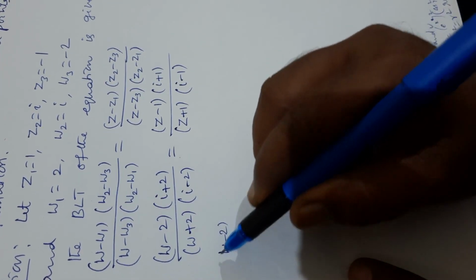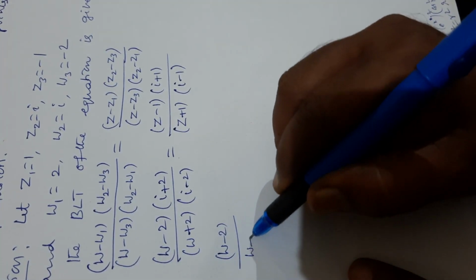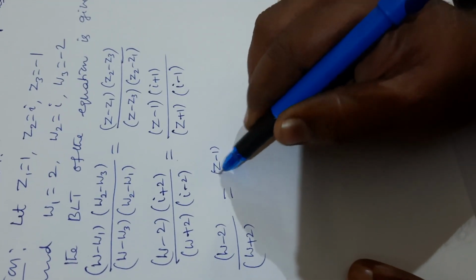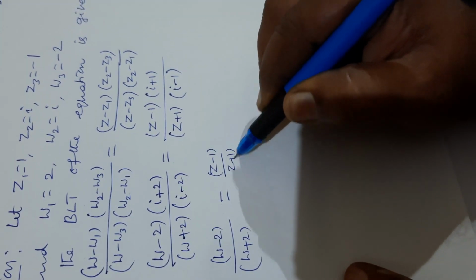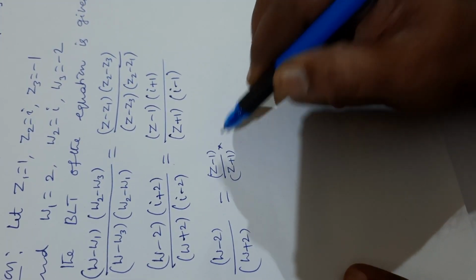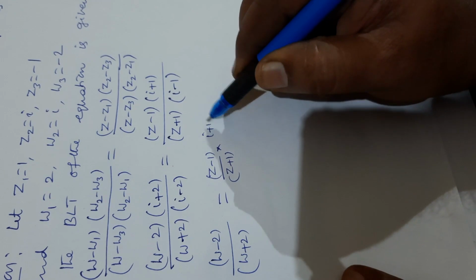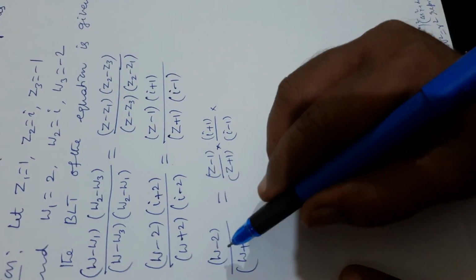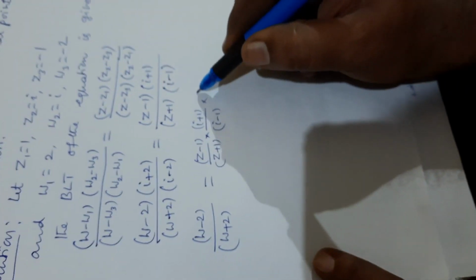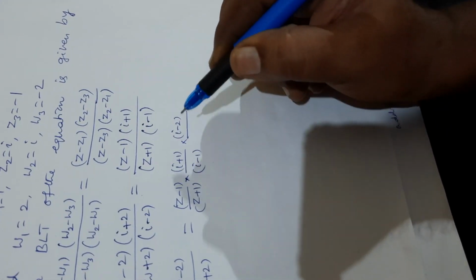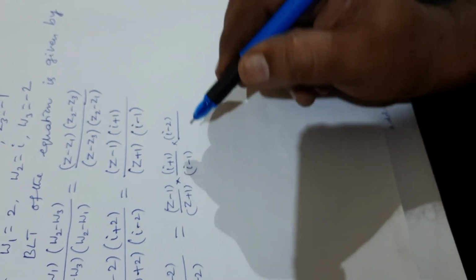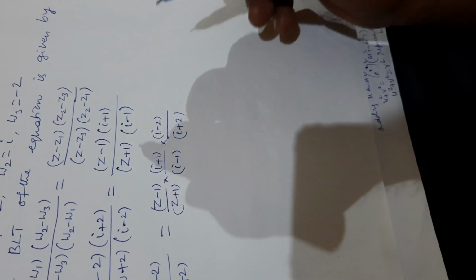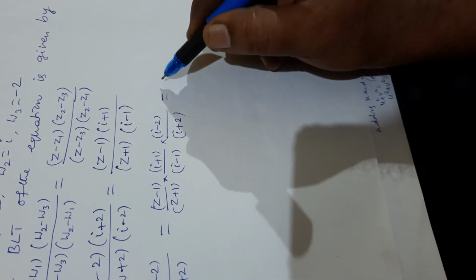(w minus 2) divided by (w plus 2), here (z minus 1) divided by (z plus 1), into (i plus 1) divided by (i minus 1). Here cross multiplication: (i minus 2) divided by (i plus 2). Simplify this.